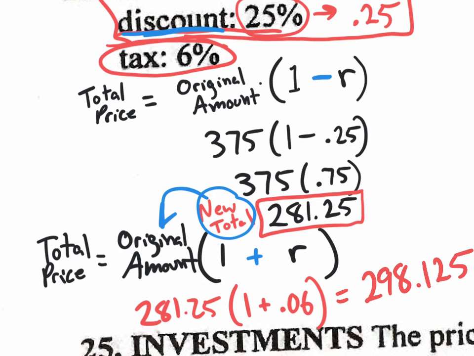So what's the out-the-door price for this TV that's 25% off that has a 6% sales tax? $298.13, because the 5 changes the 2 to become a 3. Now that's as hard as it gets. Again, that's the hardest type of question.